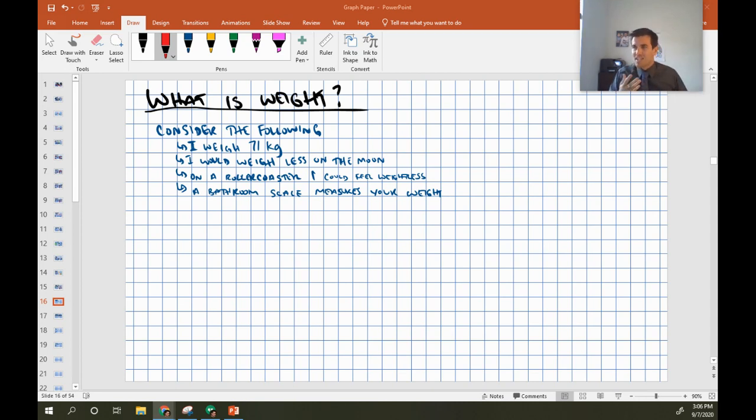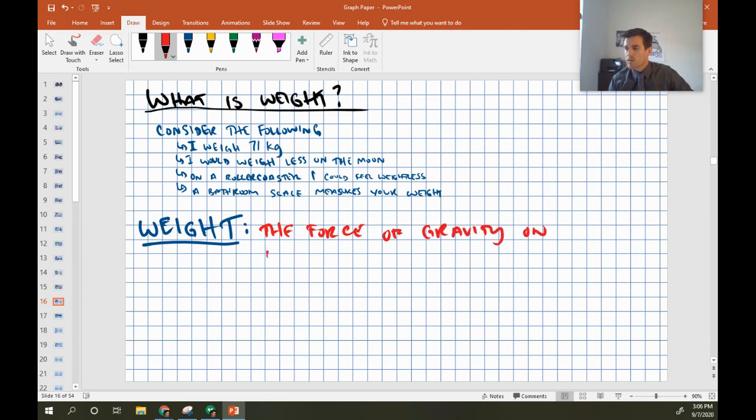Let's go through this. Let's define some important terms, starting with what actually is weight. So weight is quite simply the force of gravity acting on an object.